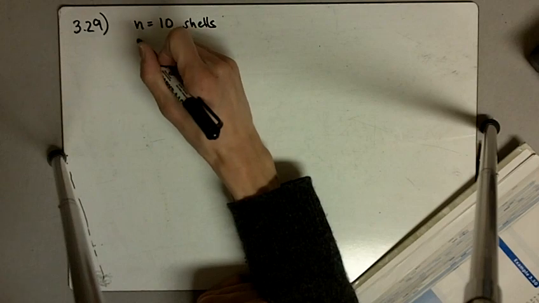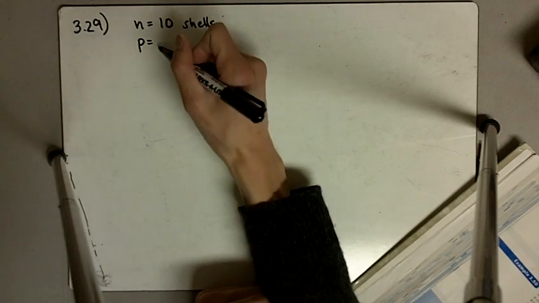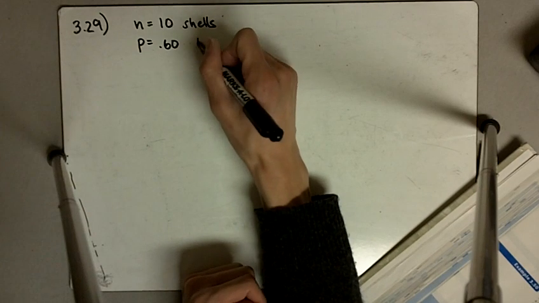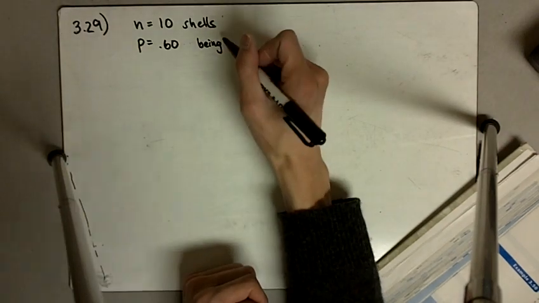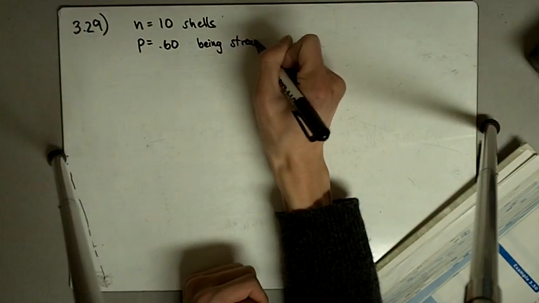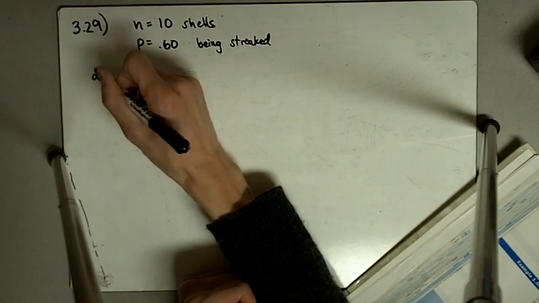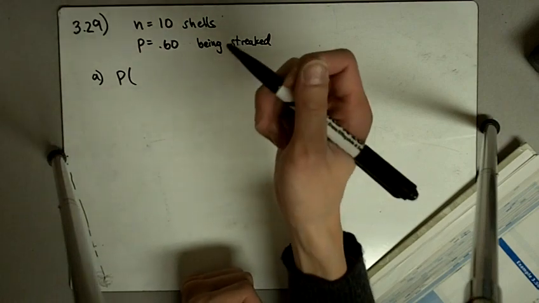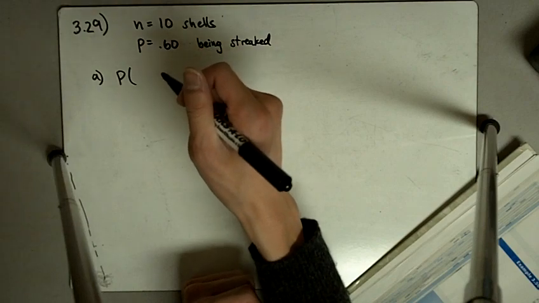Each shell has the probability of 60, or 0.60, of being streaked. Okay, and we want to know, in part A, what is the probability that 50% of our sample is going to be streaked.